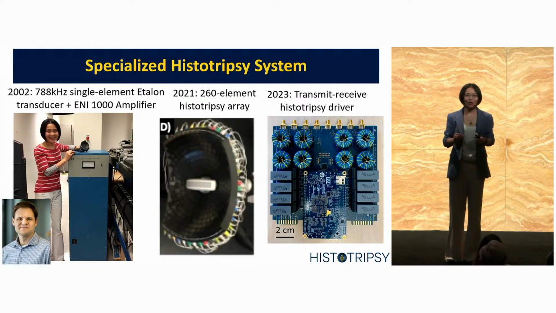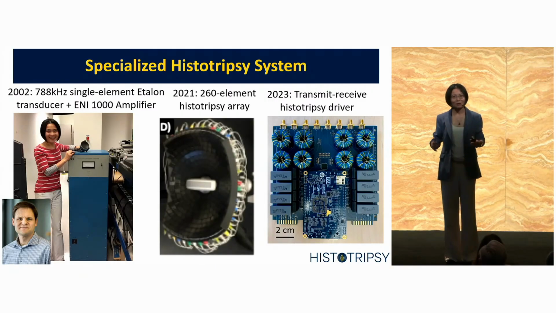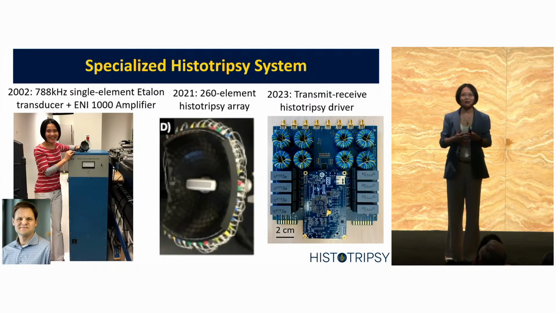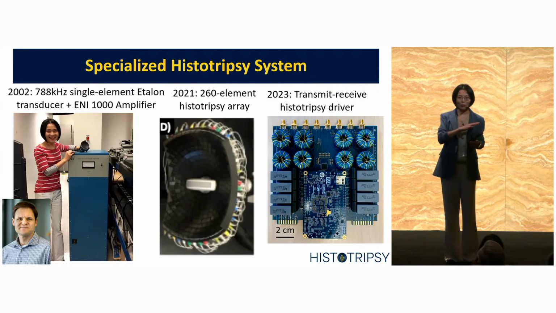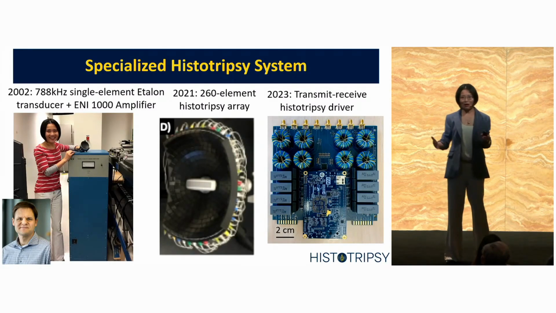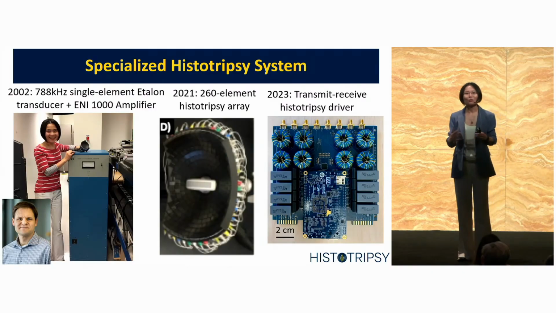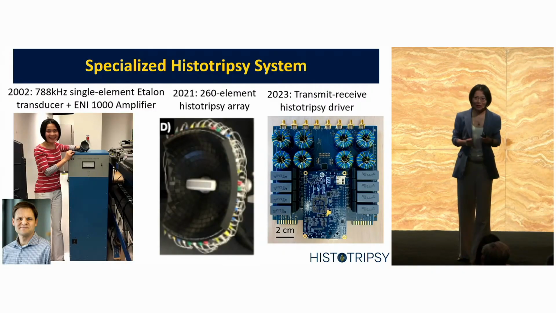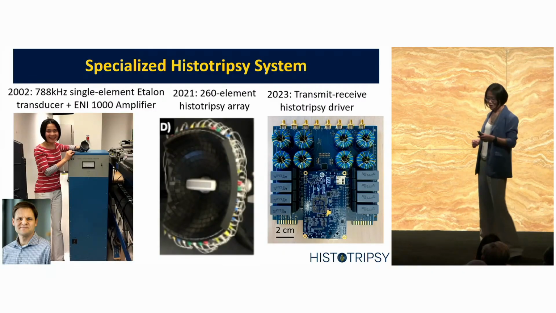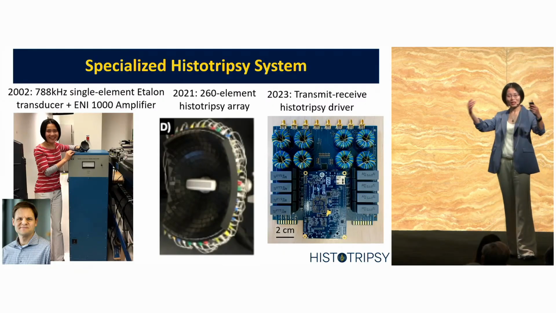And second is we don't know how it works. The mechanism is entirely unknown, and cavitation, which is microbubble activity, was a phenomenon known at the time to be entirely random. For 50 years, nobody could control it, so you can't control it either. So that was the community response.